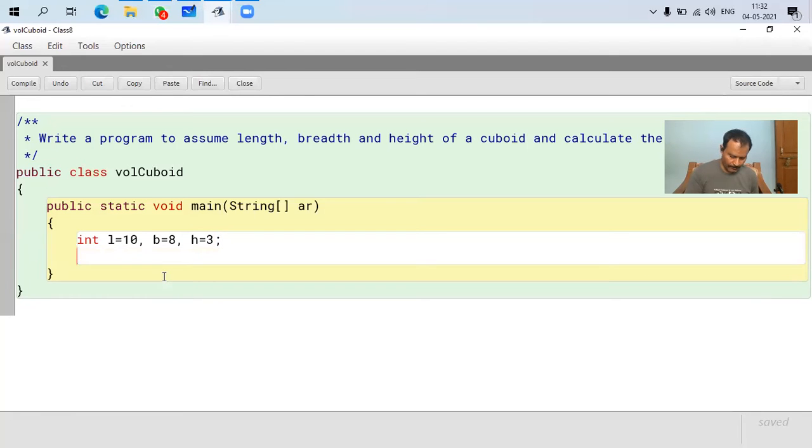So what should be the volume? And volume equals to L into B into H. Okay.